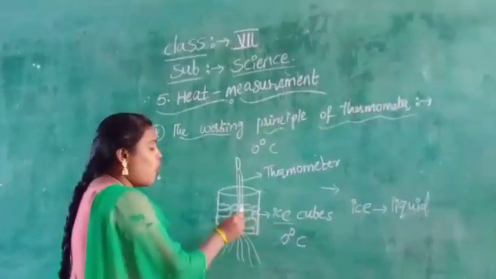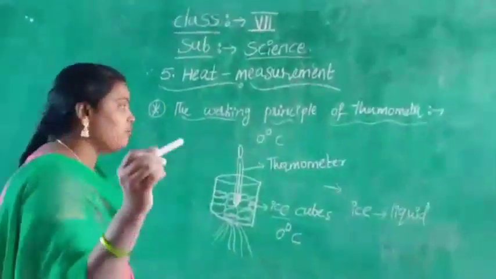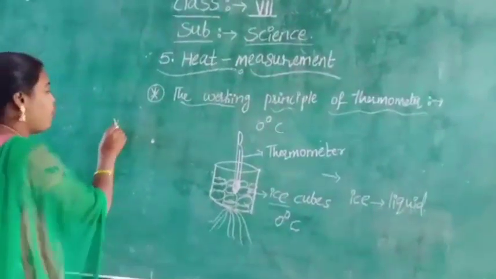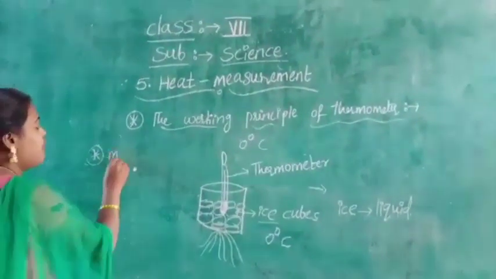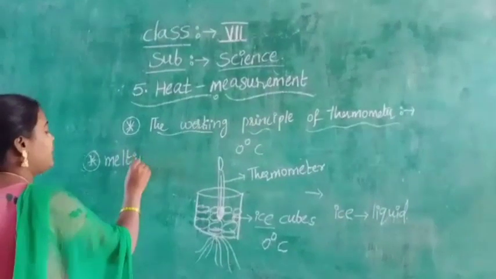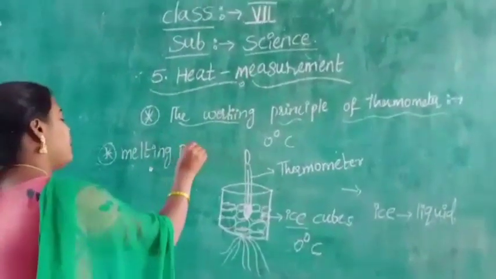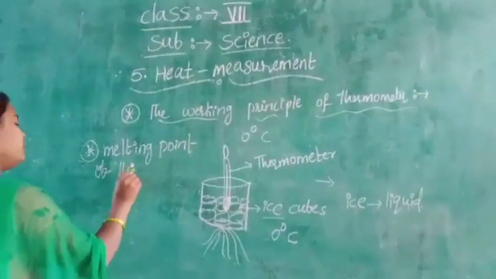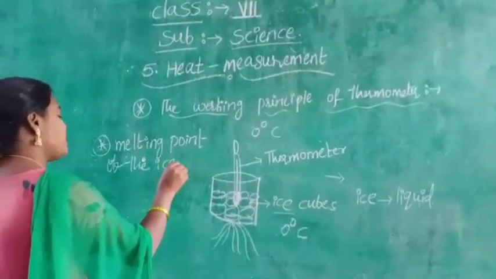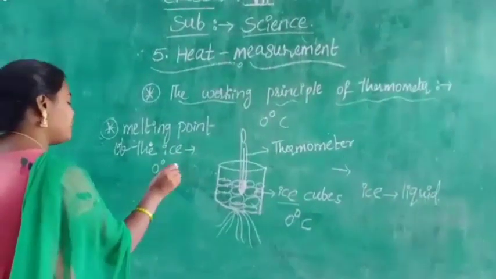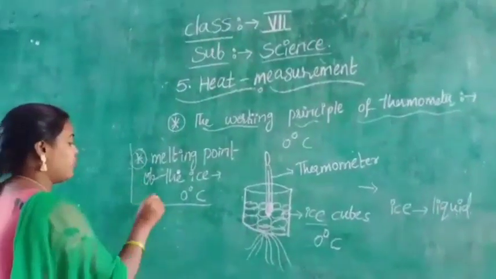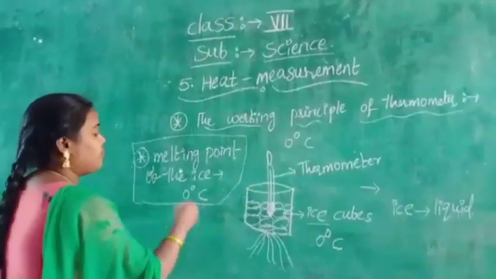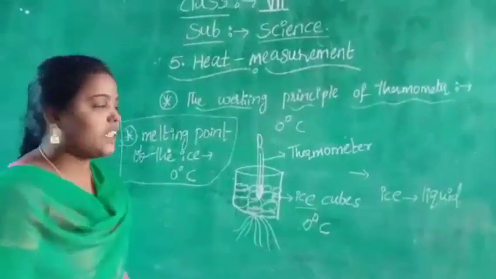So what is the melting point of the ice? Very, very important. What is the melting point of the ice? 0 degree centigrade.